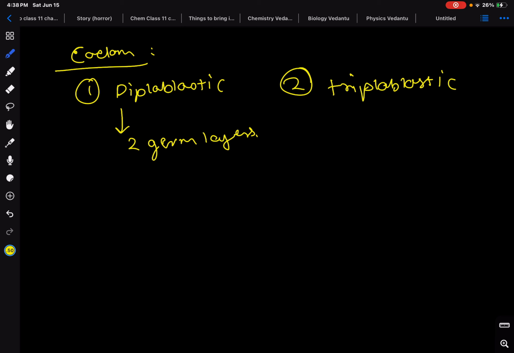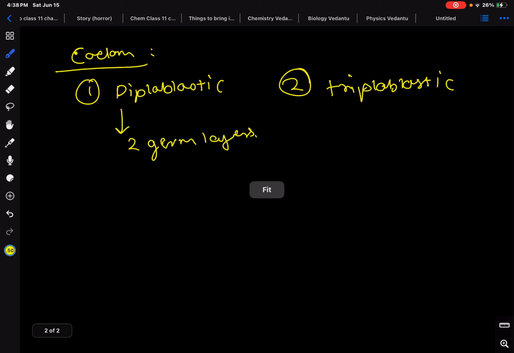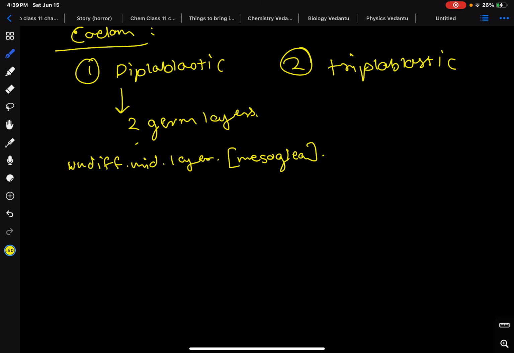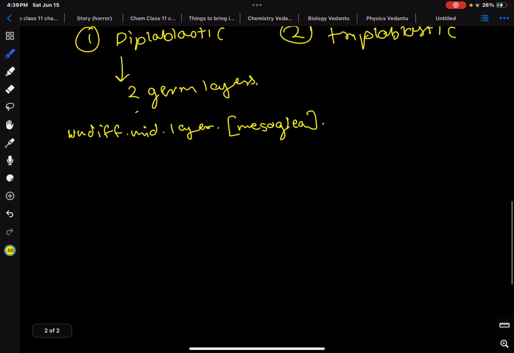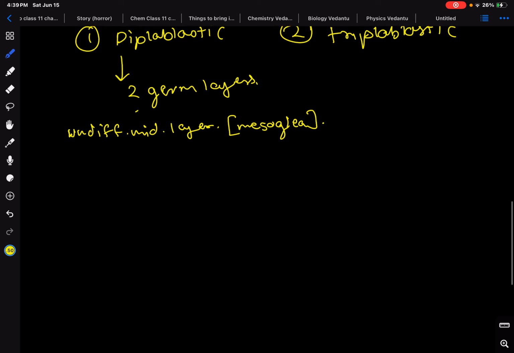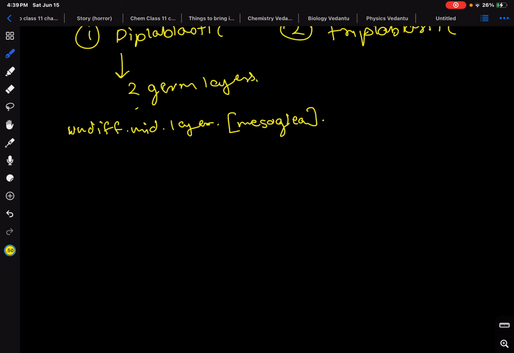So it is an undifferentiated layer, and is also known as mesoglea. But triploblastic has three germinal layers. These layers are known as germ layers. The first one is the ectoderm. The second one is endoderm.